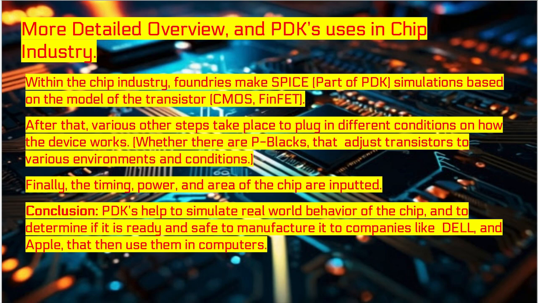So the engineers plug in the specific circumstances, the different data for how the P blocks work, whether there are P blocks or there aren't P blocks in the chip, and then after that they put in other things. They input other things into the PDK process, such as timing, power, and the area of the chip as well. The area of the chip helps to decide if there will be noise in the chip or not.